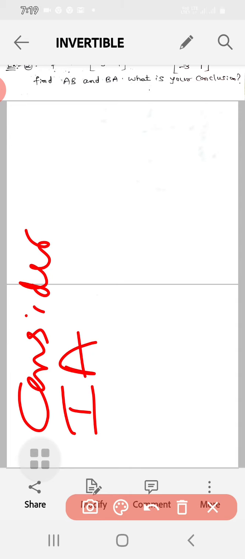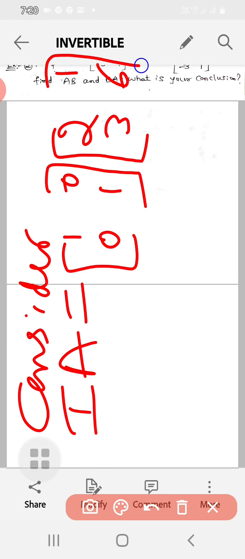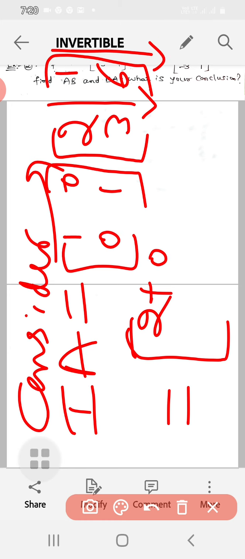Then let us consider IA. First I will consider the identity matrix [1, 0; 0, 1], and the given matrix is [2, 1; 3, 6]. Let's see what happens to the product here. First row, first column: 1 into 2 is 2, plus 0 into 3, 0. Then second column: 1 plus 0.